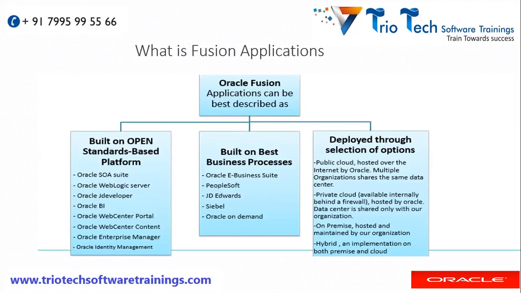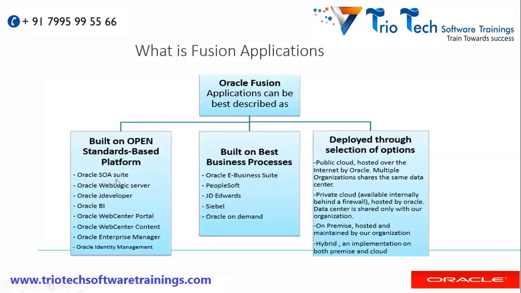Basically, if we check the characteristics, fusion application is based on an open standard based platform. It means that you have much flexibility to create and manage your own components.